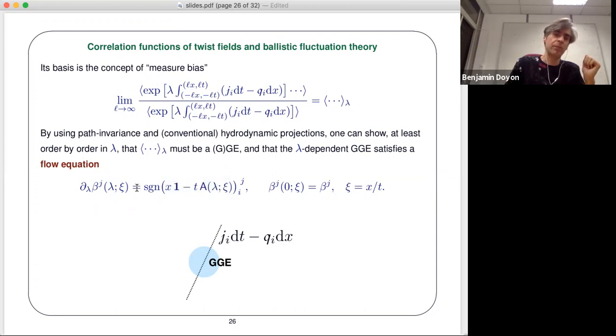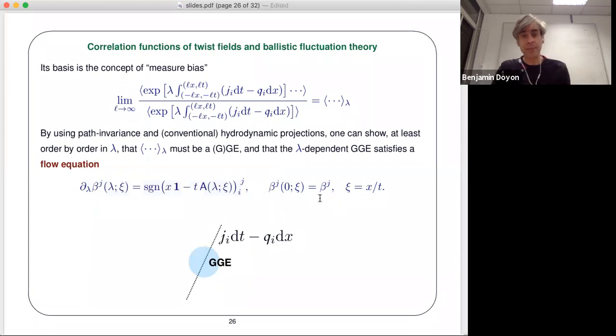It's a matrix. Take the sign of the matrix from the viewpoint of functions of matrices, and take the element ij. i is what you form the state by, and j is the beta you look at. So that is a new state, which is obtained by what's called a flow equation. Essentially, putting that conserved current there in some diagonal way makes a new GGE, and the GGE is obtained by this formula. Questions about this?